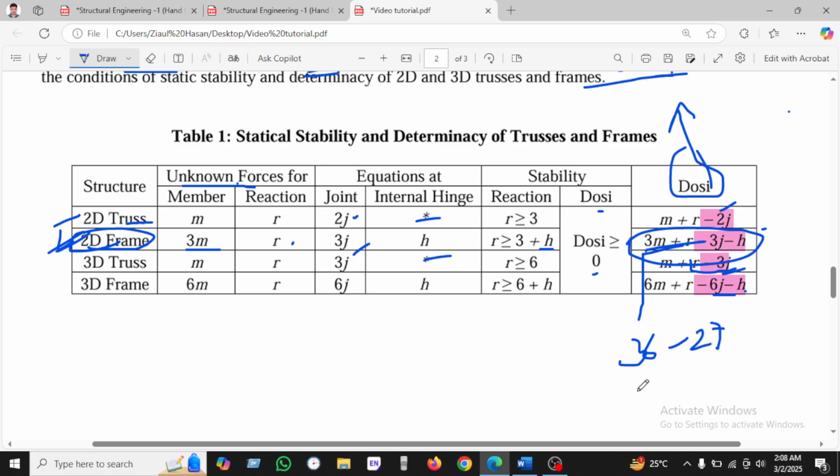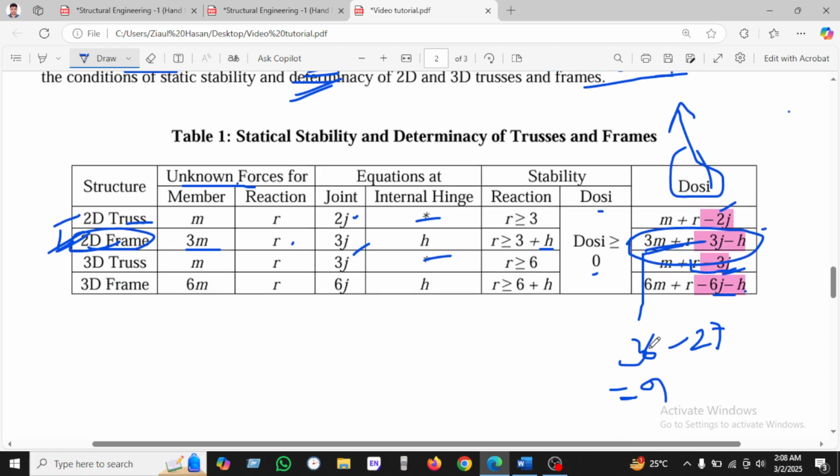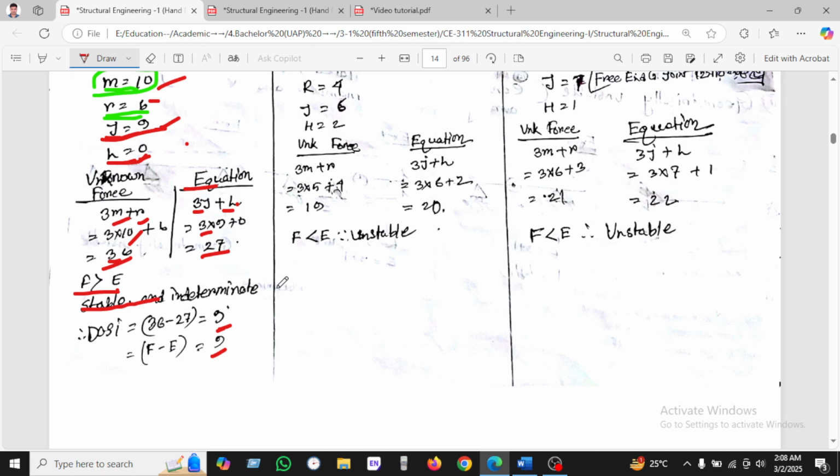So 27 minus 36 gives 9. Since 9 is greater than 0, it is indeterminate. So you can use this equation also, but whichever you need, you can use it in your own way.